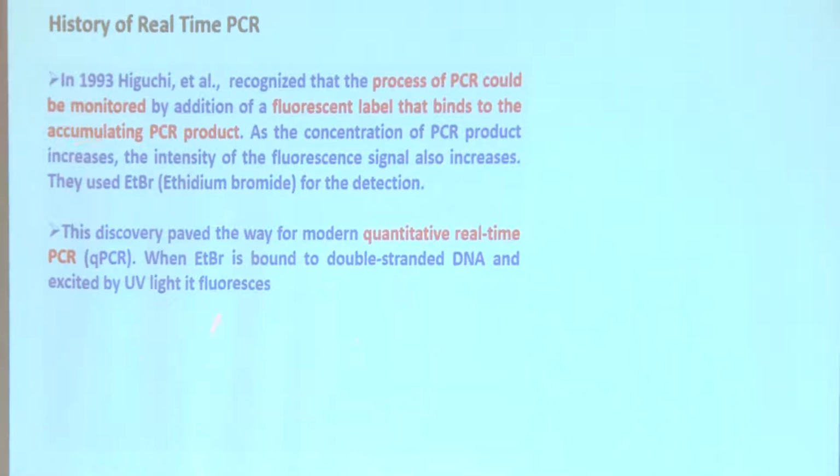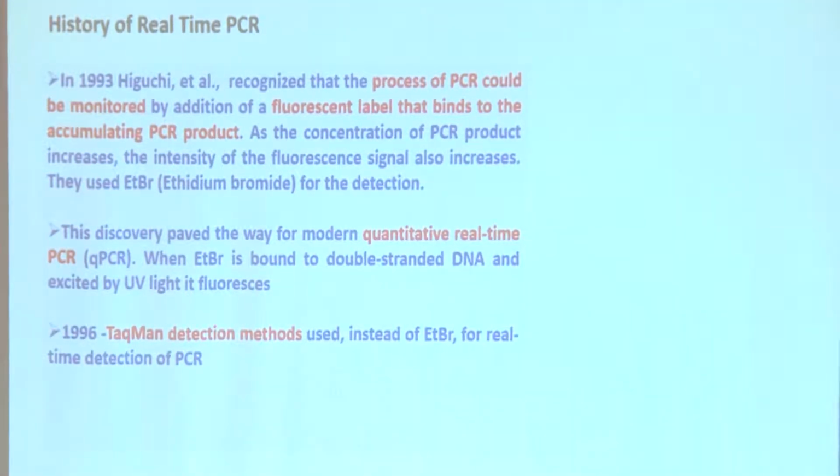When ethidium bromide is bound to double stranded DNA and excited by UV light, it fluoresces. You might have seen the gel doc system. Simple, right. If you do not add ethidium bromide, you forgot, then what happens? You do not see anything, right. Then you regret, oh, I forgot to add, isn't it?